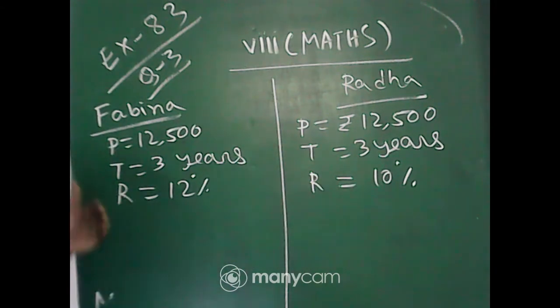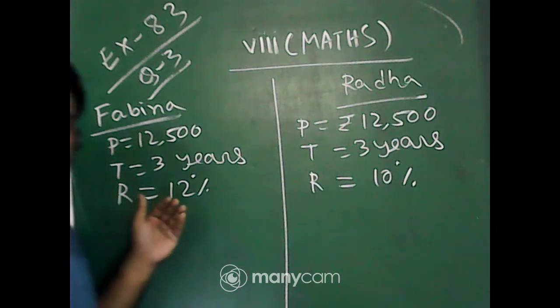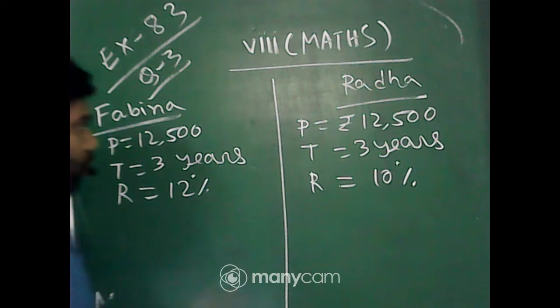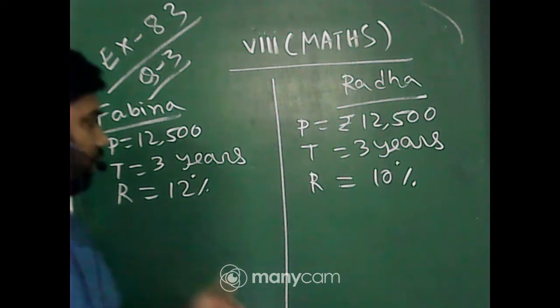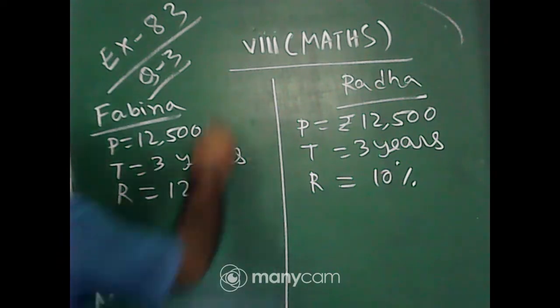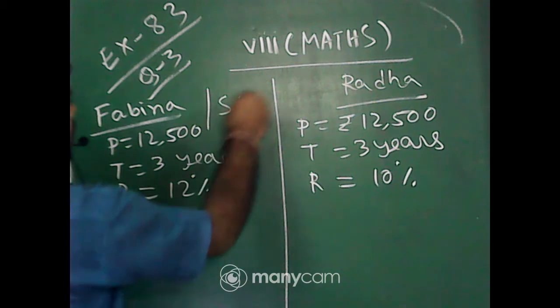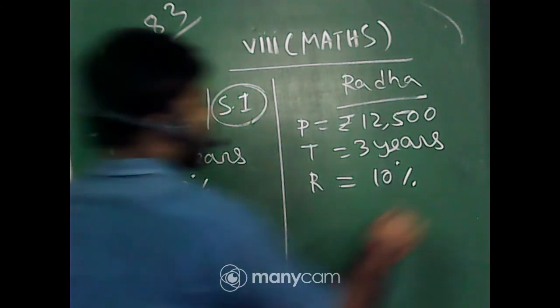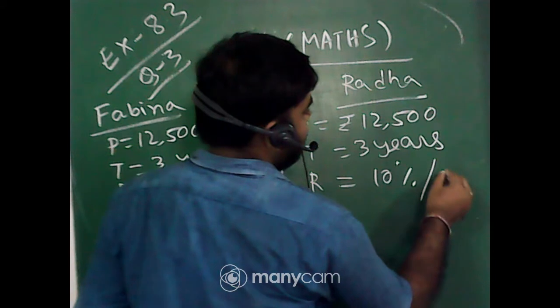So Favina's rate of interest is greater than Radha's. Now another thing is given: Favina's interest will be calculated as simple interest, and Radha's interest will be calculated as compound interest.